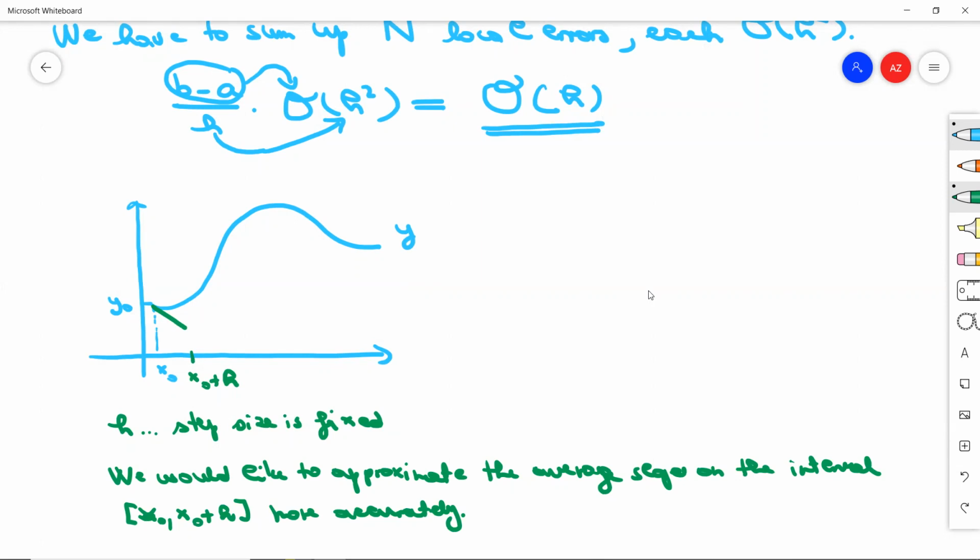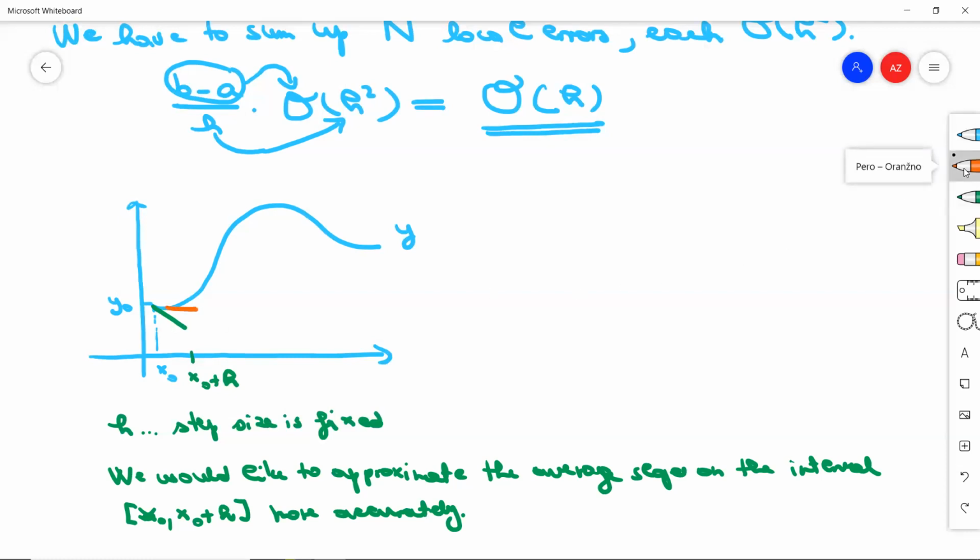Of course, we cannot know the average slope exactly, because this would require calculating the integral of the function f(x,y), which is not doable. But instead of taking the approximation of the average slope only from the slope of the left endpoint, we can now use more tangents.